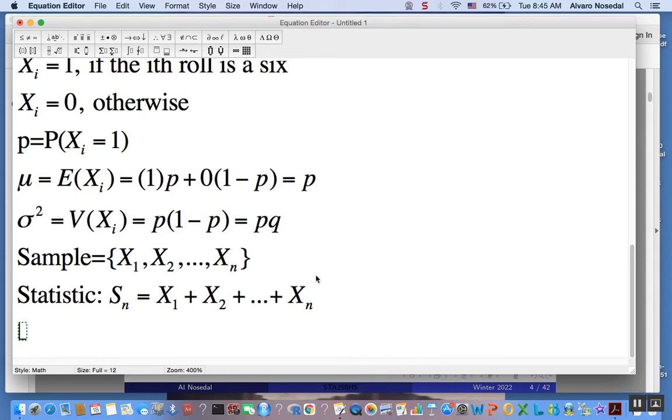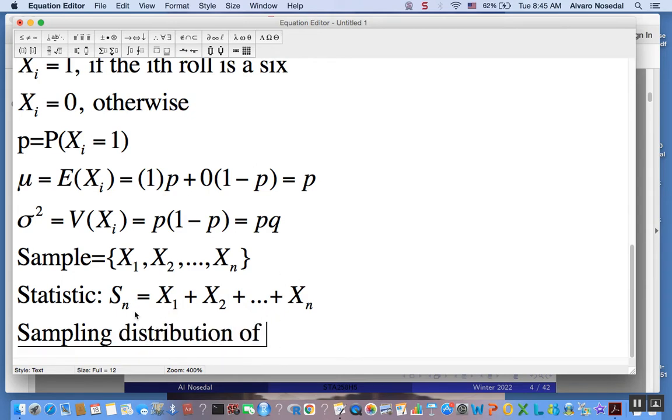So now that we have our statistic, we want the sampling distribution of Sn. Remember that the sampling distribution is just the probability distribution of that function.